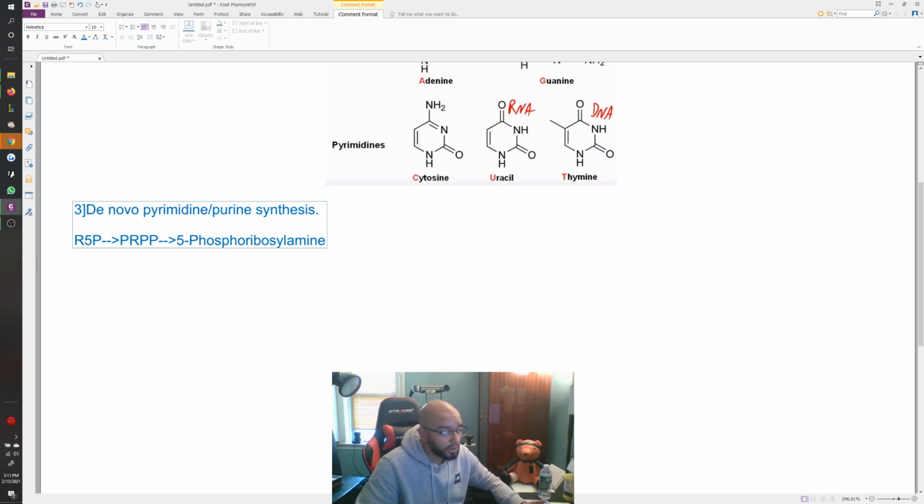So in your previous page of First Aid, where we were looking at the nucleotides topic, there was N10-formyl tetrahydrofolate on the bottom left, giving you the carbon. So these are the things being donated into 5-phosphoribosylamine. So I'm going to write over here, plus the nitrogen and carbon sources.